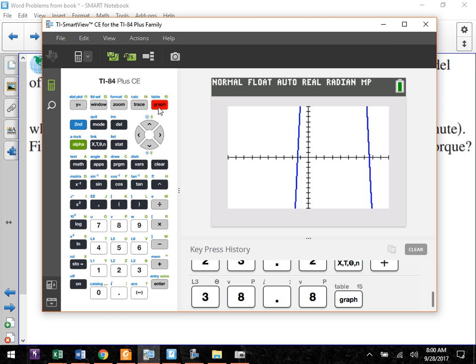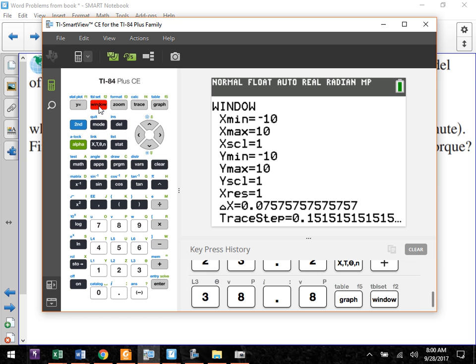Now, here's where playing around with the word problems takes a little bit of time to get used to adjusting resolutions. If you hit the button that says window, we know that the y-intercept is at like 40. But we also know that it's still increasing after that.